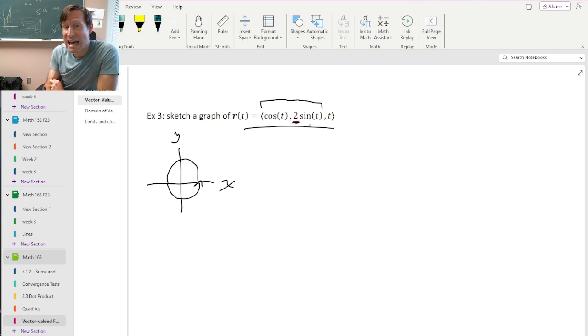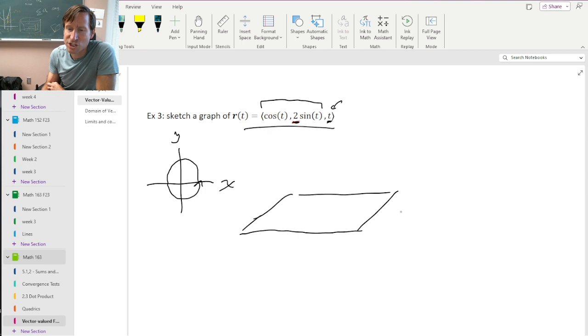But as this happens, the z-coordinate is going to be changing. The z-coordinate is going to be increasing at a constant rate because z is equal to t. So what's going to happen is the shadow that our shape will cast in the xy plane is just this ellipse. I'll draw it as a dotted curve because this is just the shadow that it makes.